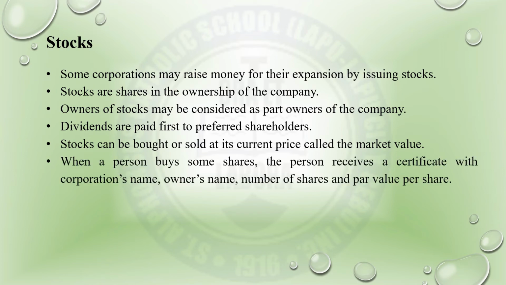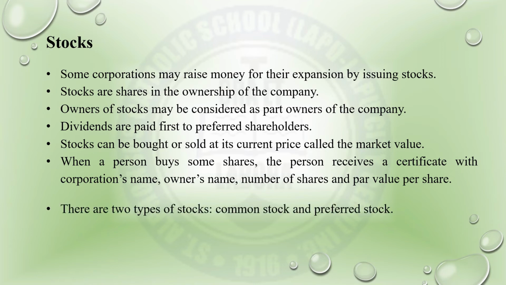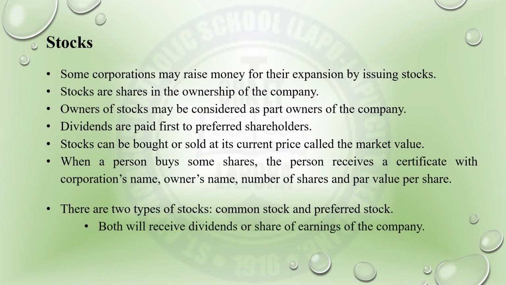When a person buys some shares, the person receives a certificate with the corporation's name, owner's name, number of shares, and par value per share. There are two types of stocks, common stock and preferred stock. Both will receive dividends or a share of earnings of the company.